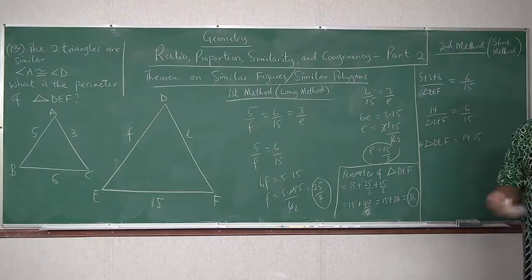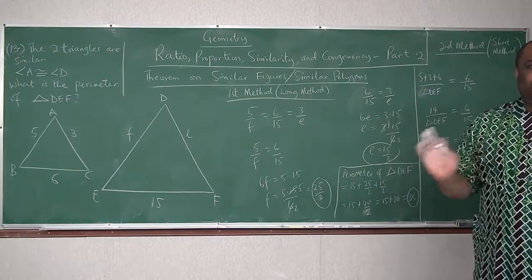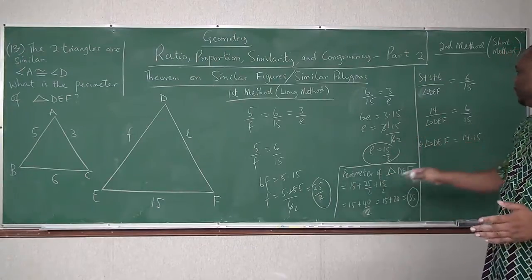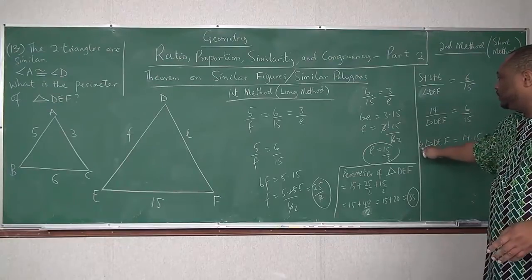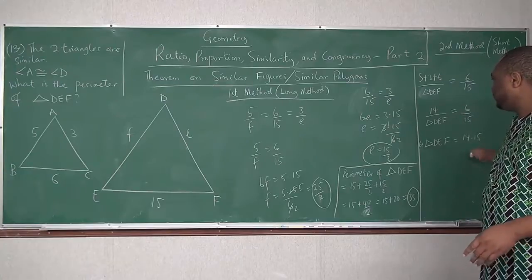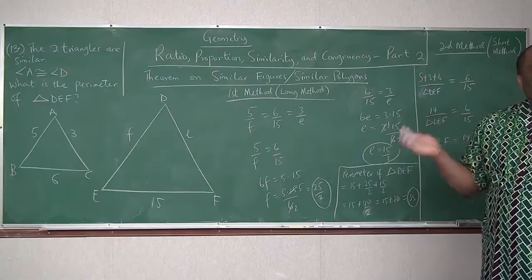I want you to show your work. Right now I am not taking the test, so I am taking my time to show my work. But when you are taking the test, just know that you can do 14 times 15 divided by 6, and since you are allowed to use a calculator, you can.